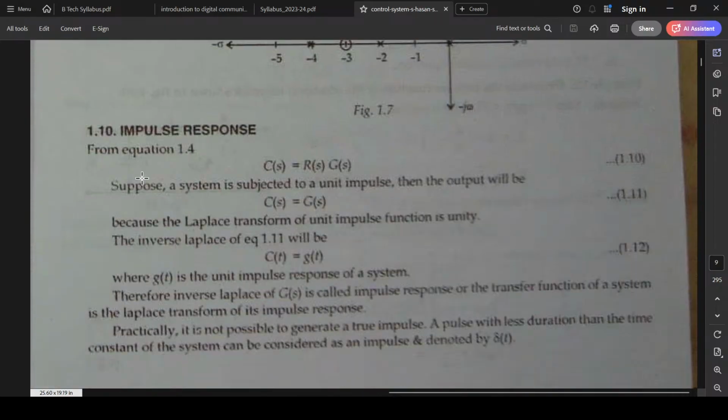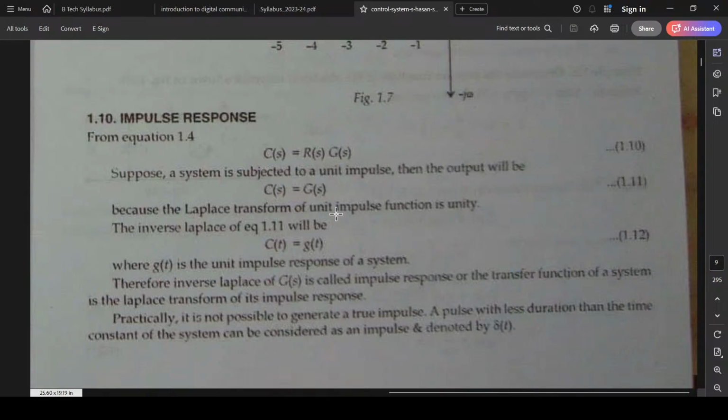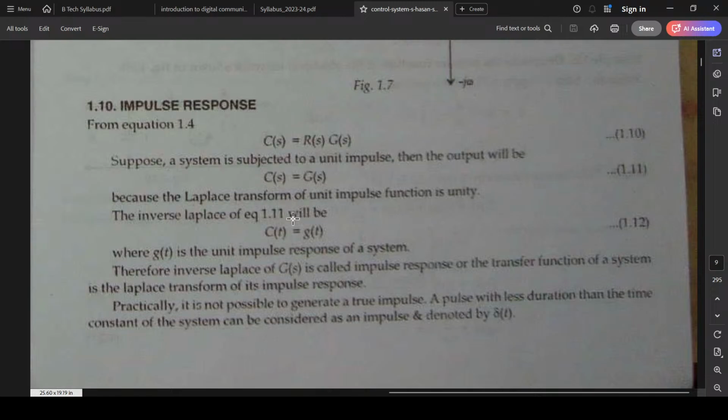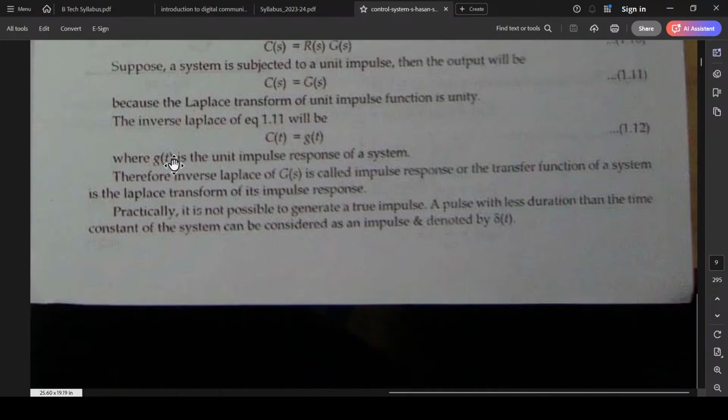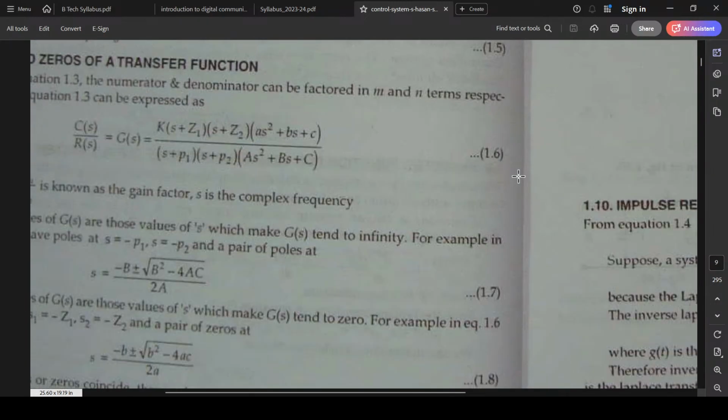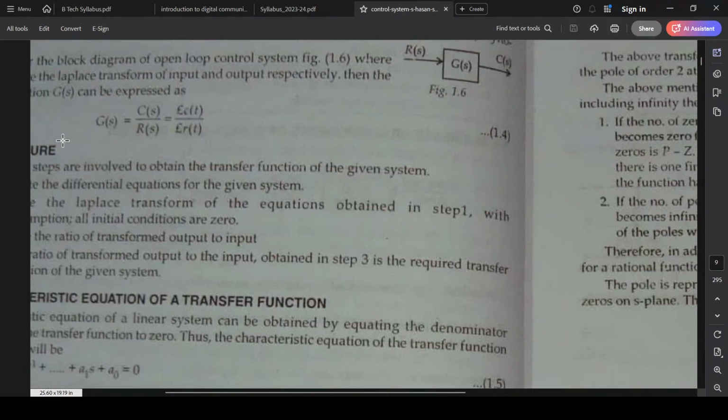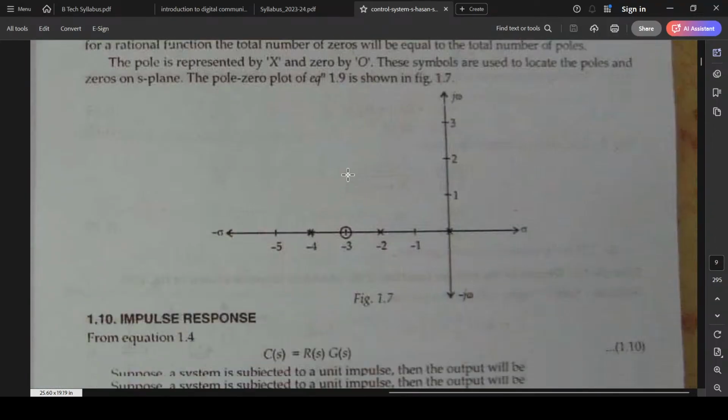We'll study impulse response. Let's see.